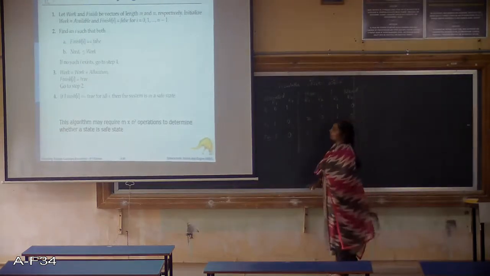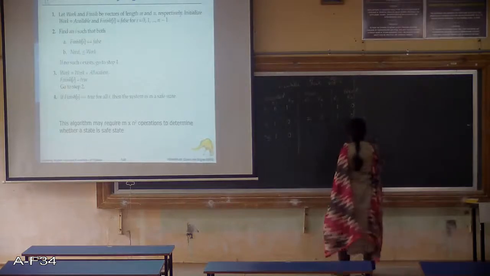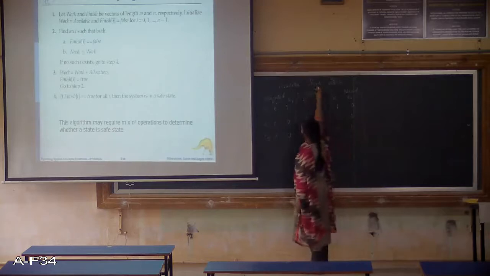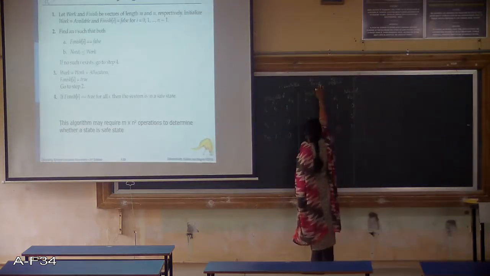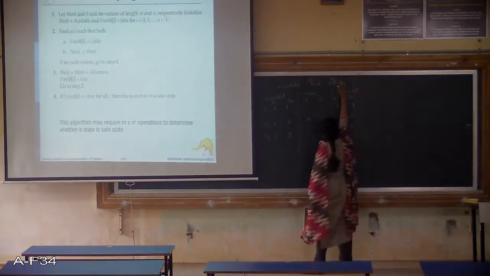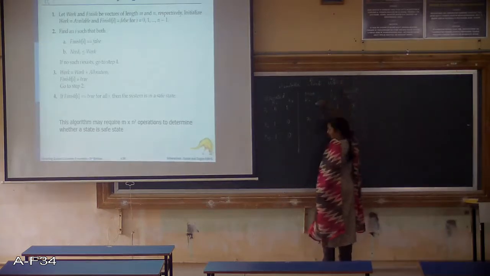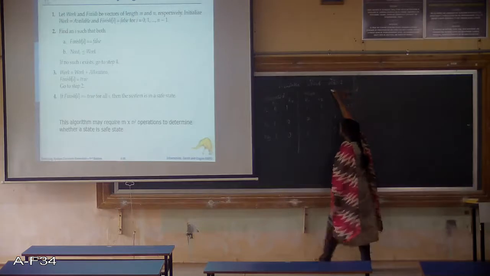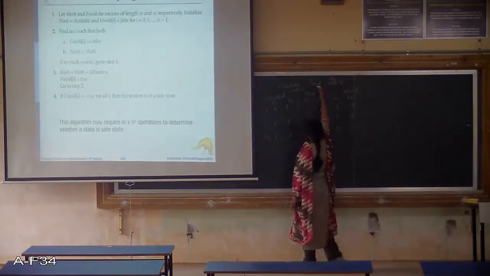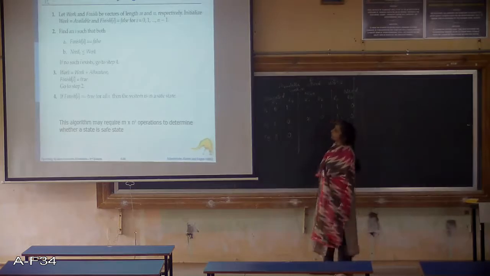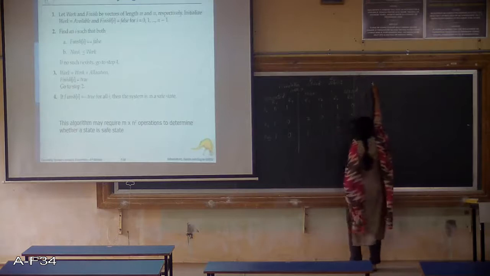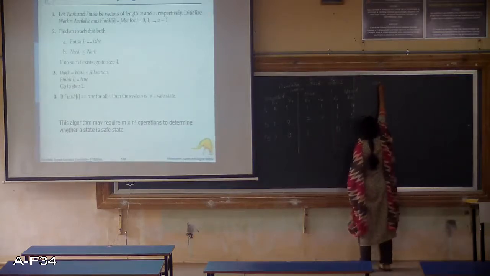So this is the max and allocation. Okay, so we have work. Work is equal to available. How many are allocated? We have to remove that from the available. Total 6 are remaining. So our work is this, and finish is equal to false initially.